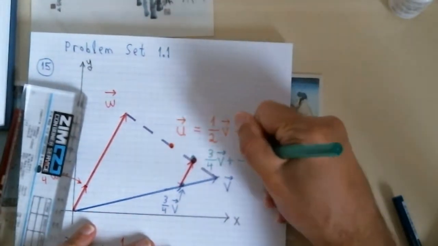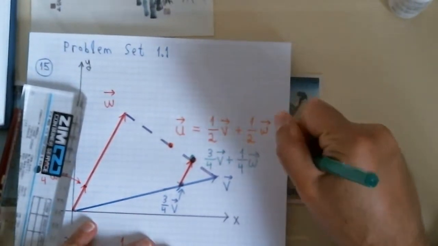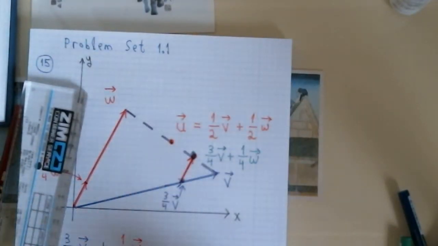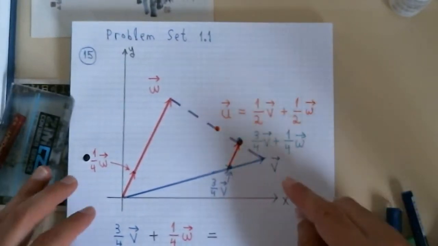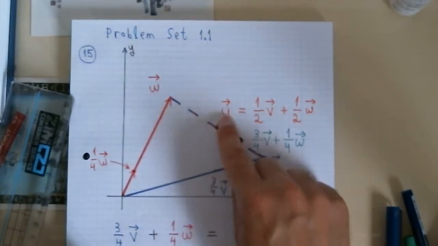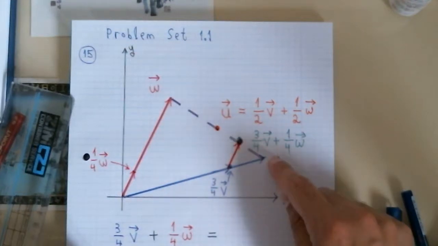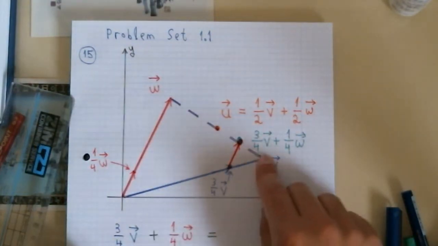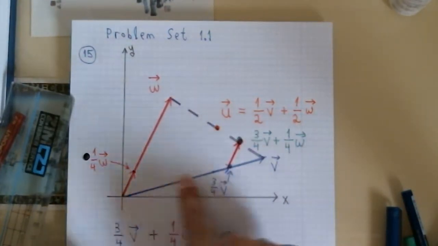plus 1/4 of W. Now, of course, we don't need to solve it in a geometric way. You see the idea. The idea is that here we have the line, this is like the combination of V and W. This is totally V, okay?